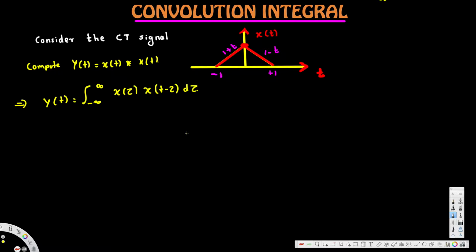Now we know that this is x of t, so if we draw x of tau, it's going to be the same graph because we just replace t with tau. If we sketch the graph, it's exactly the same. The only thing is, instead of t we replace everything with tau, so we will have something like this.